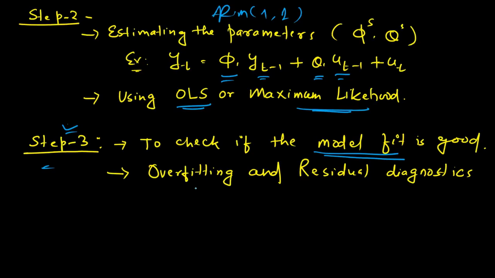There could be two problems with this: one is overfitting, and the other is underfitting. Overfitting is a typical problem where you are adding more terms to the model, so you are not generalizing the pattern in the data.